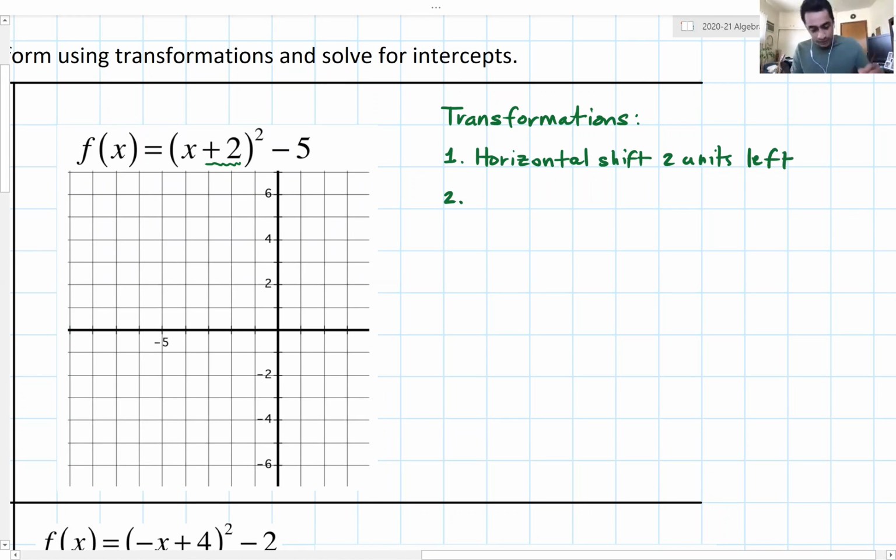All right, what about the second transformation that exists on the function? Okay, so let's talk about it. If the A value is 1, is it a stretch or is it a compress or is it neither?